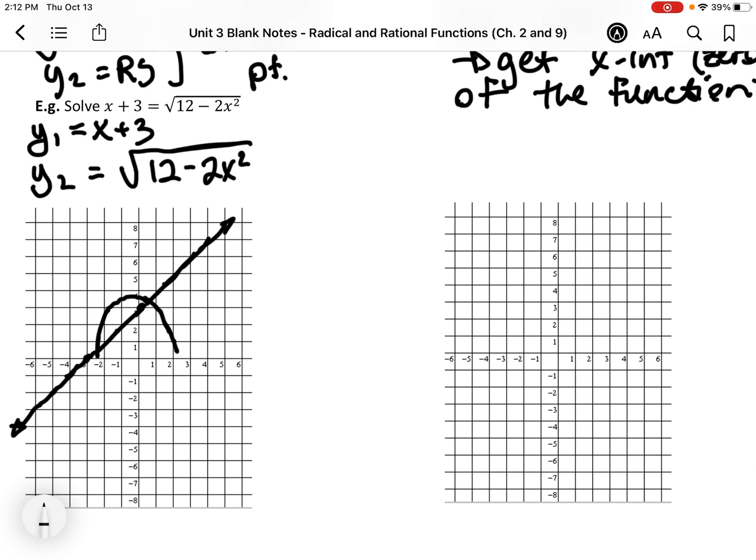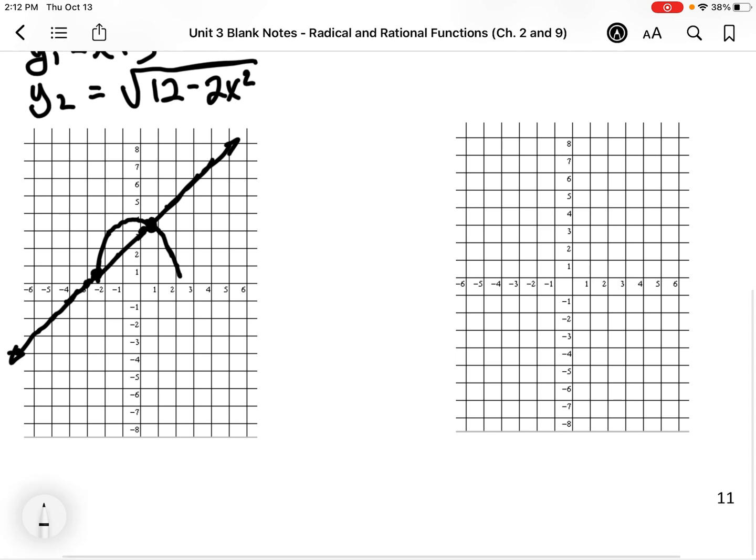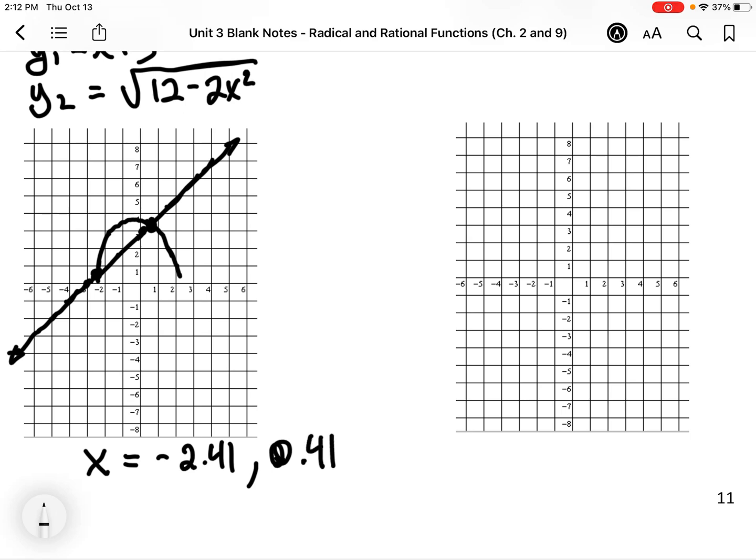Okay, so there are in fact two intersection points, here and here. You would have to go through second calc number 5 for intersection on your graphing calculator, but I'm going to ask you to take my word for it. The x values of the intersection points are negative 2.41 and 0.41. Right? So right here, that's the negative 2.41, and this is the 0.41.